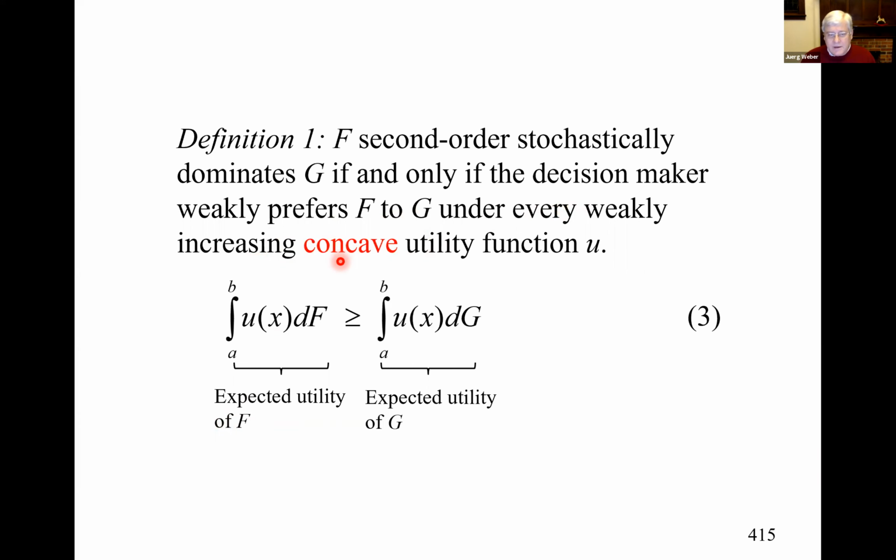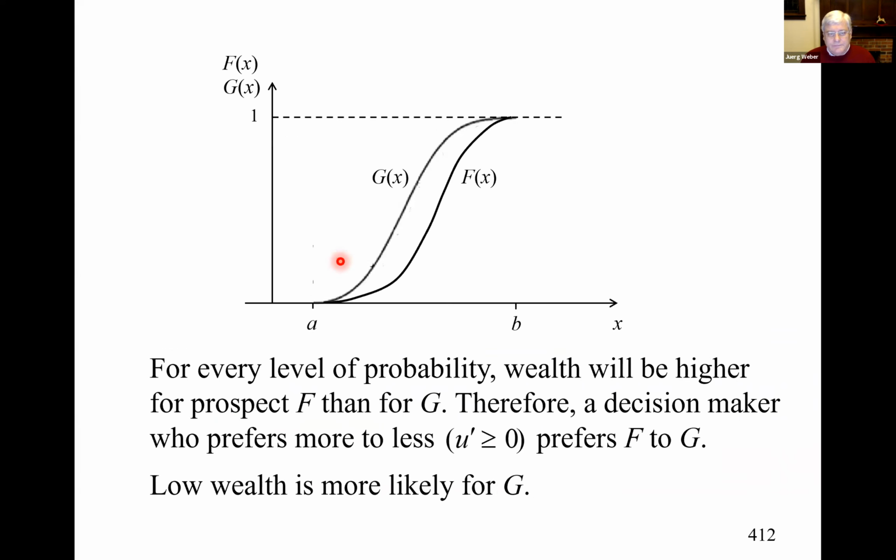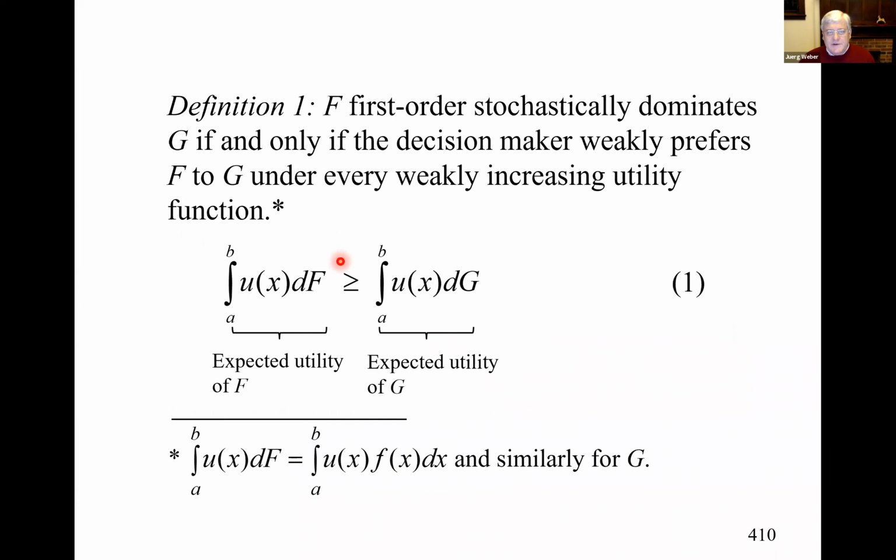Let's go back to first order. You see here is first order, it's exactly the same sentence, but I don't have the concave here. For first order, I only assume that the utility function is upward sloping, and then we look at the expected utility.